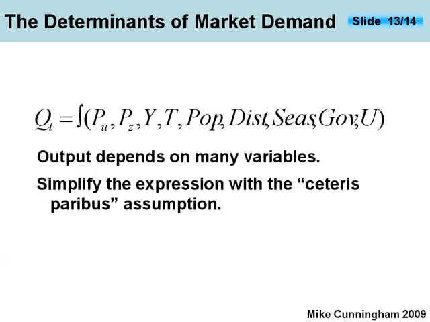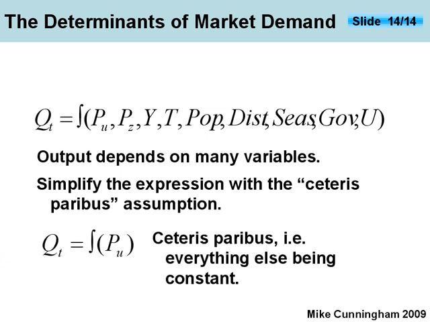Now, output depends on many variables, as you can see. We need to simplify this, and we do this with the Latin expression ceteris paribus, or ceteris paribus as some people say. The ceteris paribus assumption means everything else being held constant.